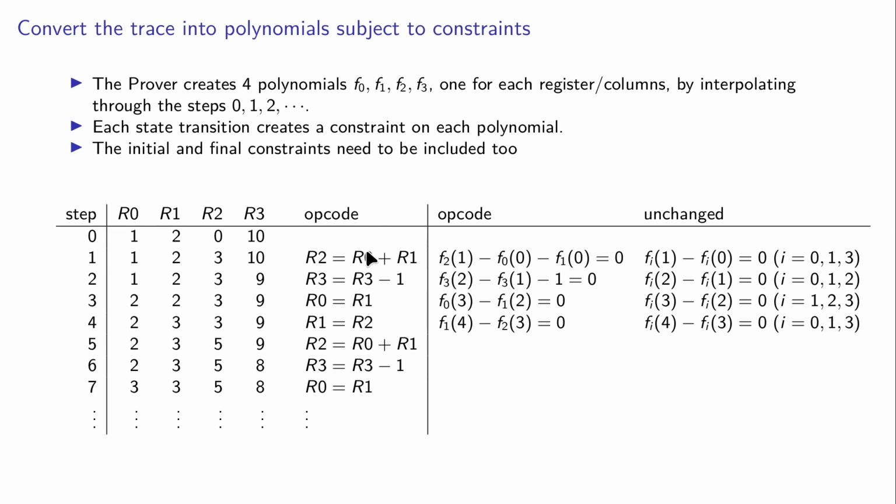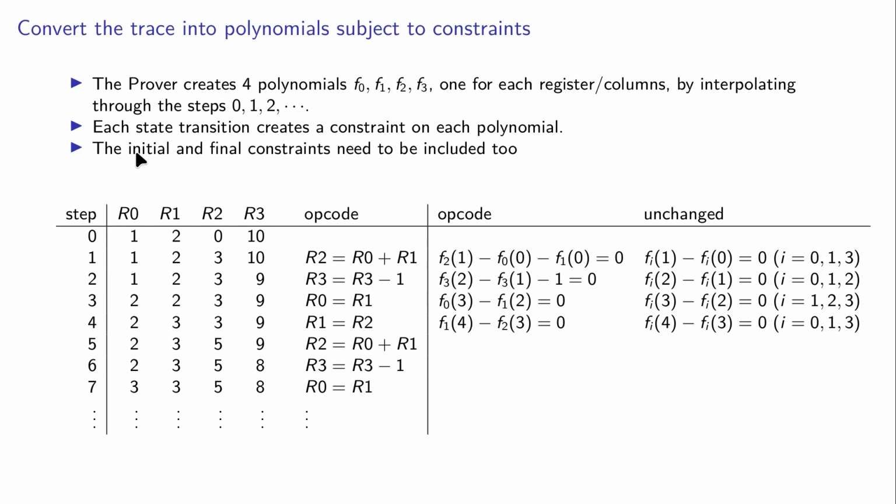So this is the general idea of how we can create a polynomial from the execution trace. When you think of a virtual machine, this is conceptually what is going on, and what you should keep in mind.